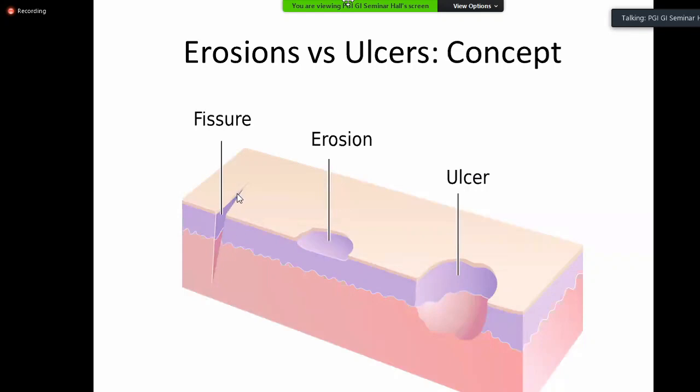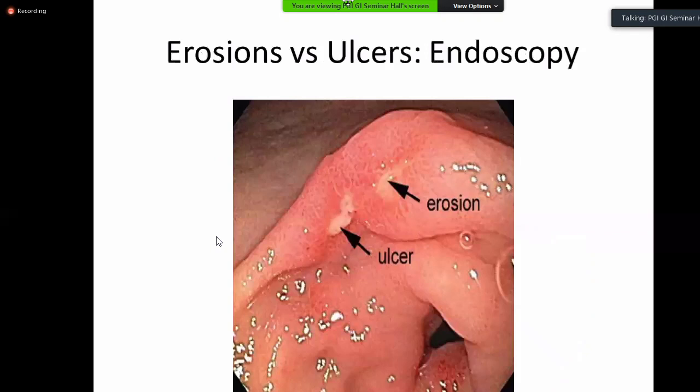A fissure is a long, linear break in the mucosa, which goes beyond the mucosa into the submucosa also. So in contrast to the erosion, which is only in the mucosa, an ulcer goes up to the submucosa or beyond, and a fissure will also go across the mucosa but is linear and sharp.